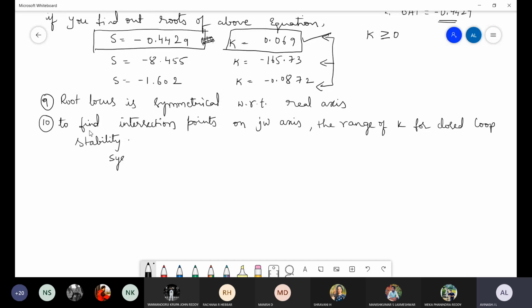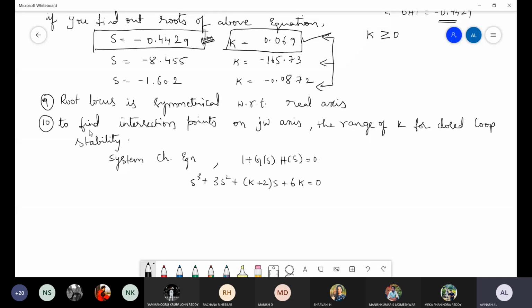So the system characteristic equation is 1 plus G of s into H of s equal to 0. So here s cube plus 3s square plus (k plus 2) into s plus 6k equal to 0 is the equation we got.